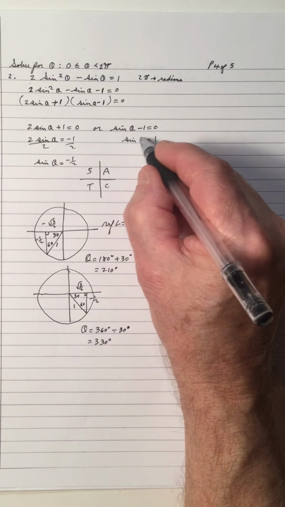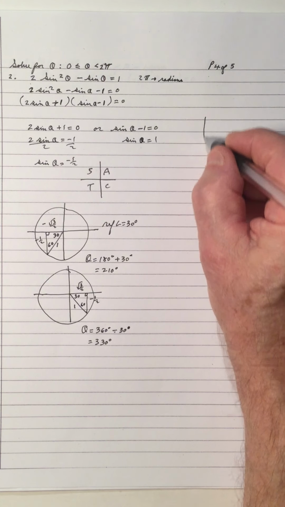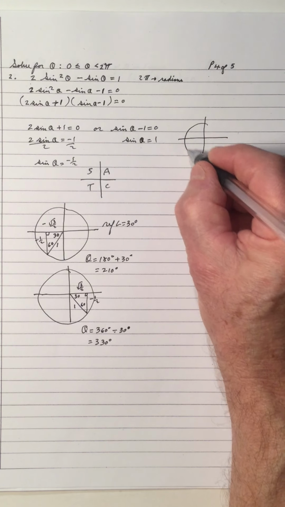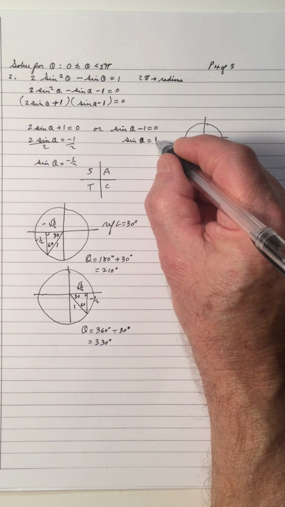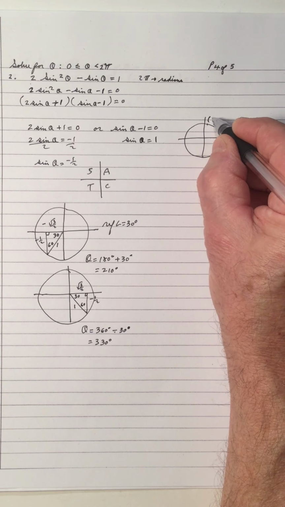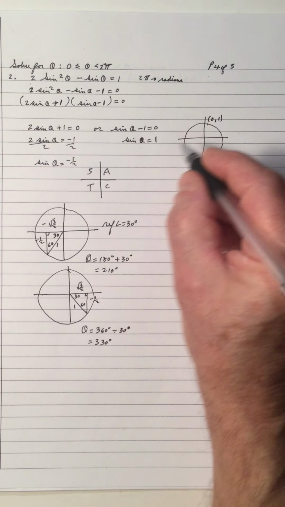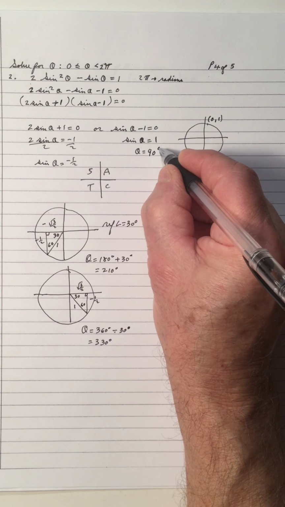And we want to get sine is 1, again on the circle. Sine is the y, so y is 1, so x is 0, y is 1 right there. So that means theta is 90 degrees.